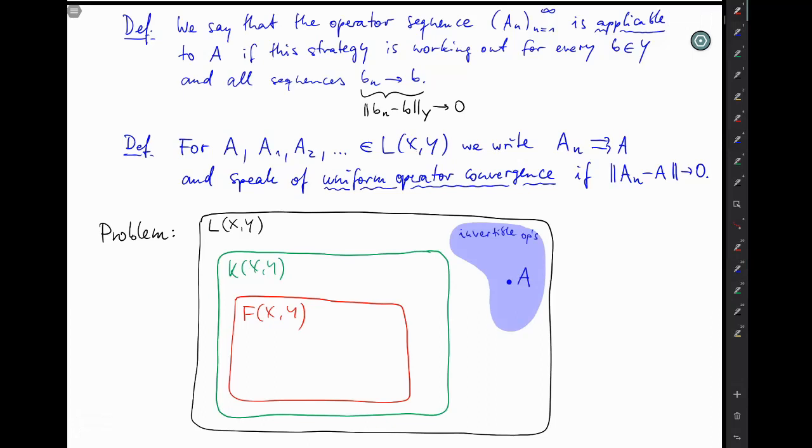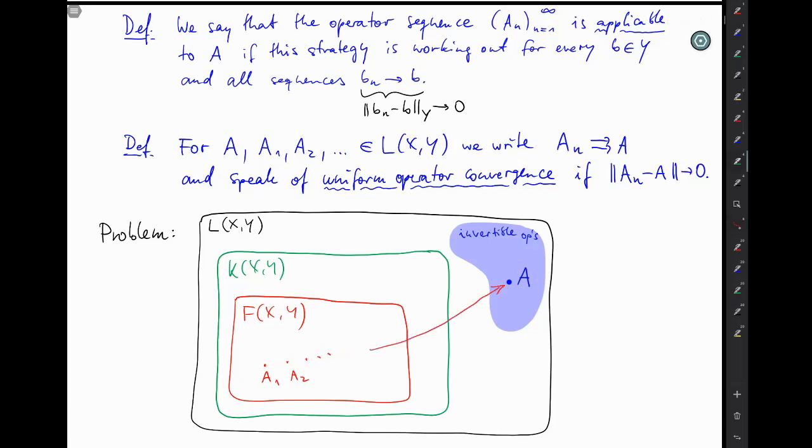But like we said before, the simpler operators that we are using for approximation, A1, A2, and so on, are finite rank usually. So that our goal is to approximate this invertible operator here by a sequence of finite rank operators.